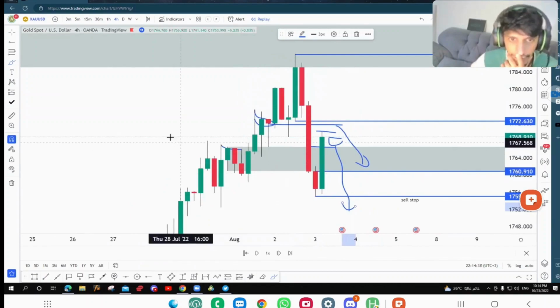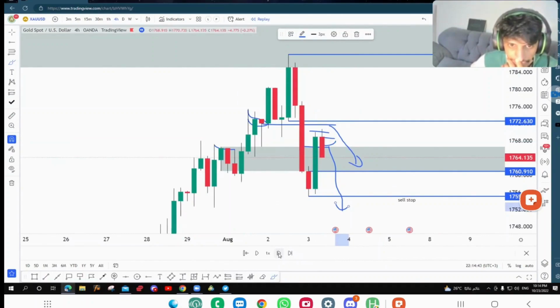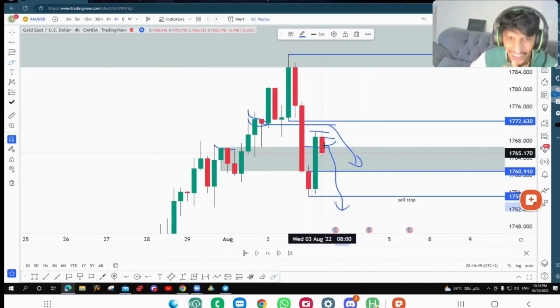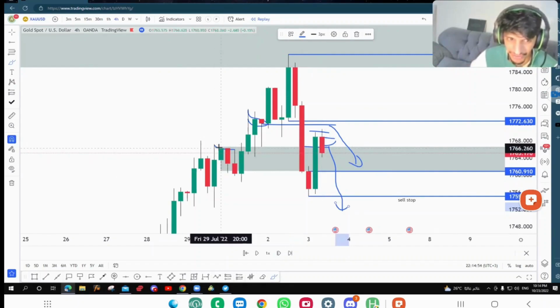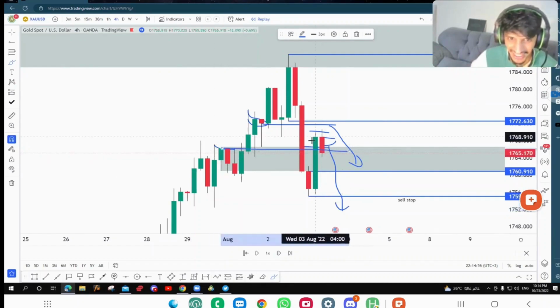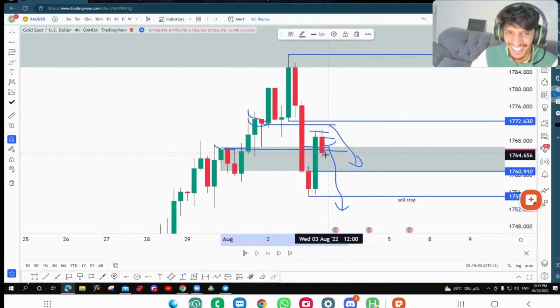Anyway, let's continue. Let's see. You see? Even though we closed above resistance, it's coming down. So both sides are cheated, the buyers and the sellers.